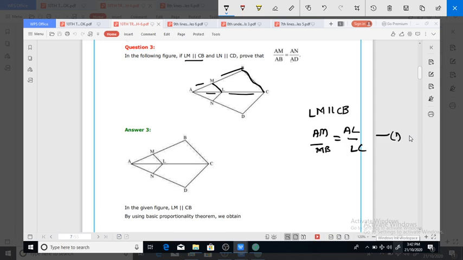Call this 1. By which theorem is this? By theorem 6.1, or the BPT theorem. Okay, so take the second condition: LN parallel to CD. So if LN is parallel to CD, what do we say?